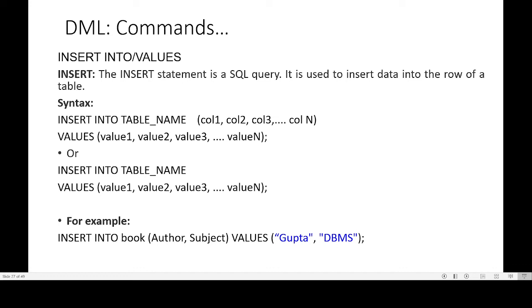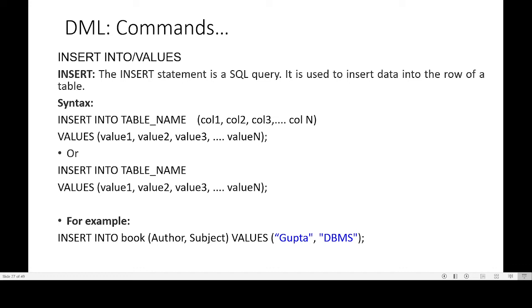Suppose the table has 5 columns and we need to insert data into only 3 columns. Then we can mention those 3 column names here and insert the values. Otherwise, if you want to insert values into all the columns present in the table, you need not define the columns like this. You can skip this step, meaning whatever is inside the bracket we can skip.